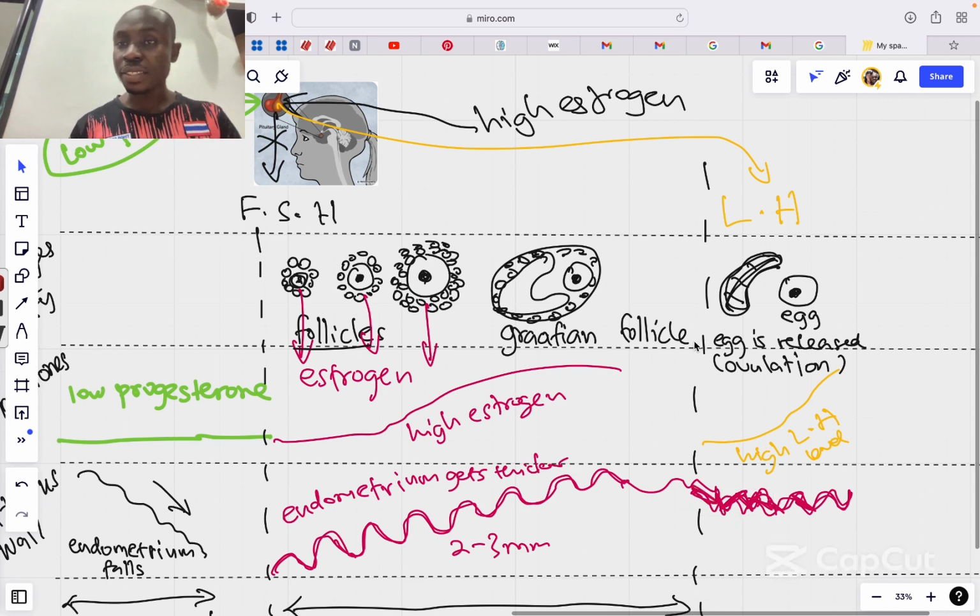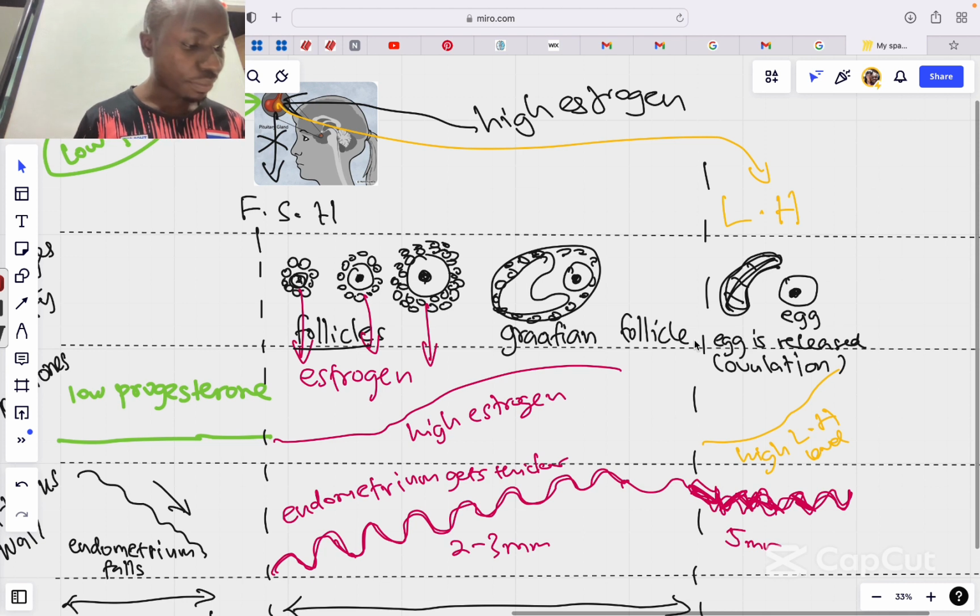Maybe there is a sperm around. So let's prepare and get ready for the new baby. Right? So it gets thicker, thicker than before, about 5 millimeters thick. Okay, so let's write that down. Endometrium gets thicker.